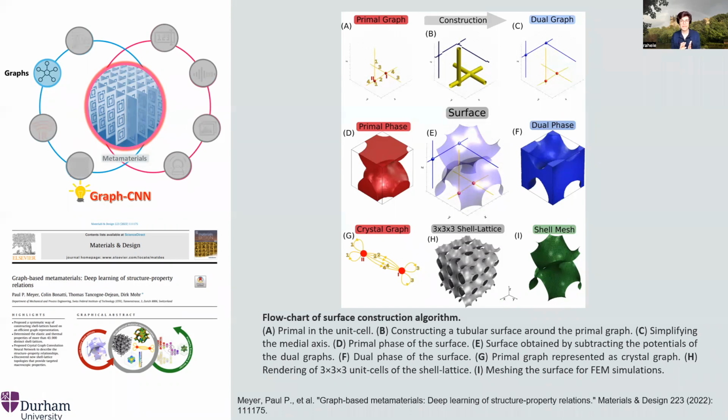In this paper, the main story is first how to represent my metamaterial using a graph. They showed that they first prepared a kind of primary graph and then did some constructions: dual graph, primary phase, surface, every step. And finally, there's a crystal graph. It can be covered with a shell mesh or so. But the important thing is just getting such a crystal graph. The graph representation is enough for us to use as input to our graph CNN, as we talked about.